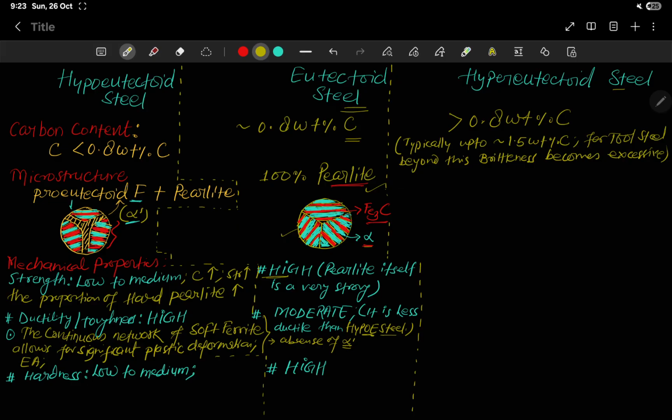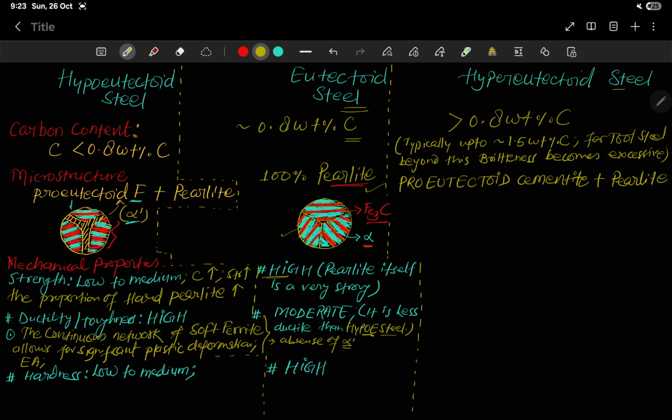Now, what is the microstructure during slow cooling? In hypereutectoid steel we will get proeutectoid cementite plus perlite.